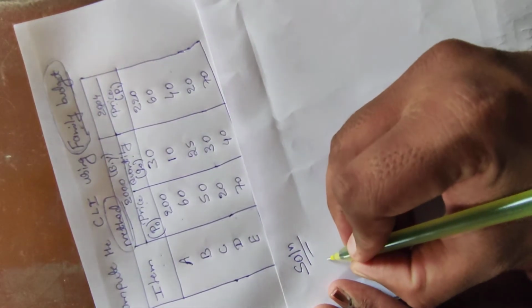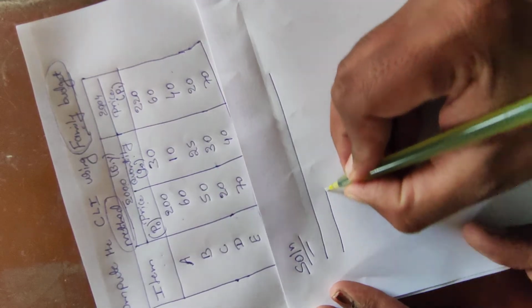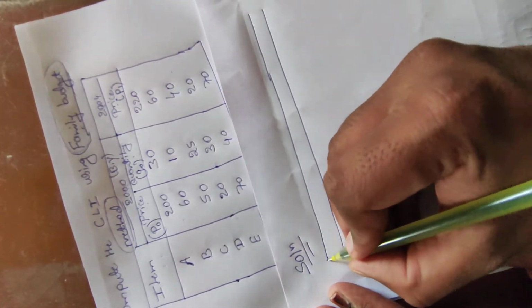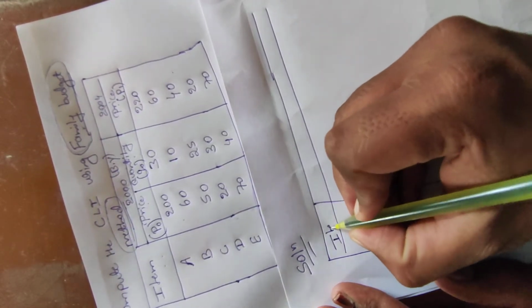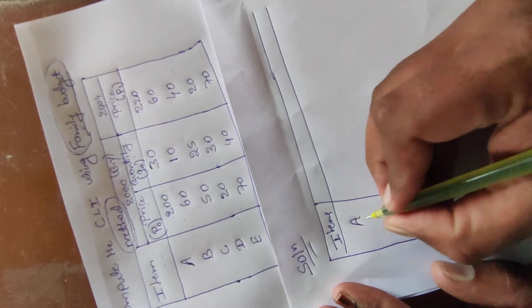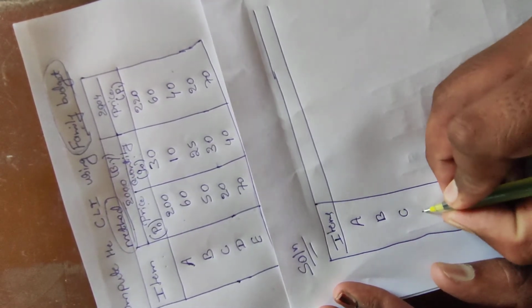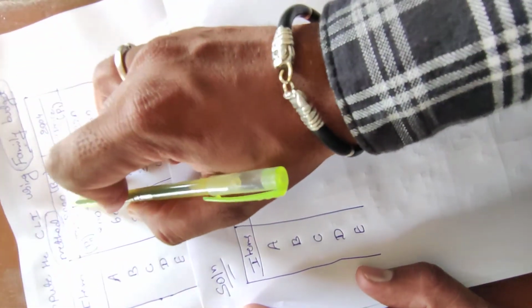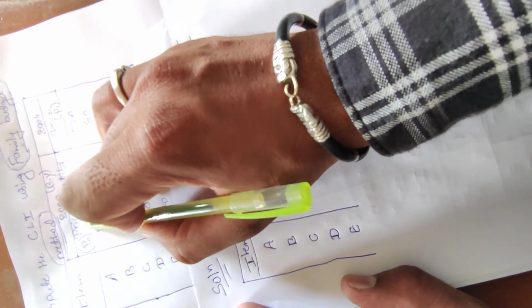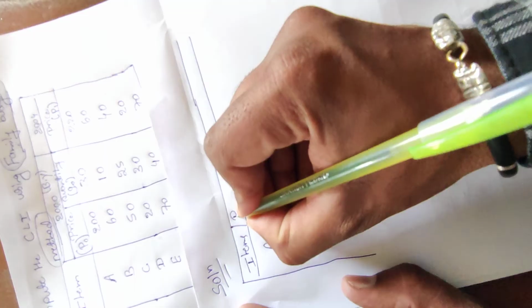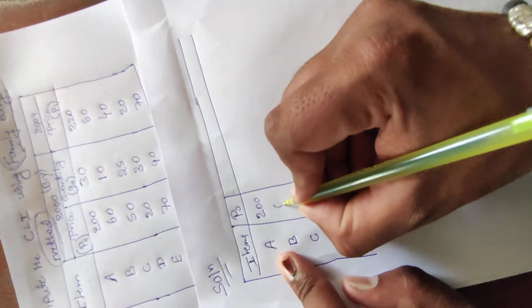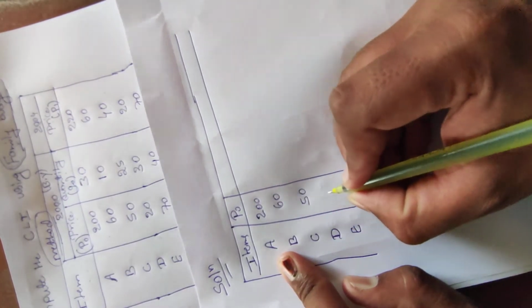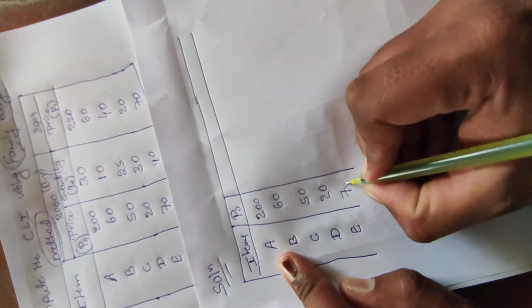The items are A, B, C, D, E. Next, the 2000 base year price, P naught: 200, 60, 50, 20, 70.